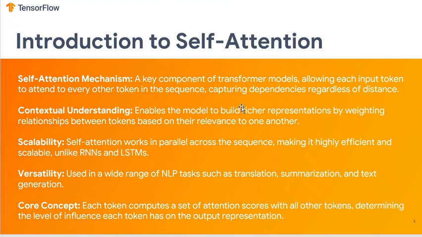First, we'll have the introduction of the self-attention mechanism. Before we proceed, let me give you a little context. When we enter any prompt to ChatGPT or any large language model, whether Gemini, DeepSeek, or any open source model, we enter the input in the form of a prompt.